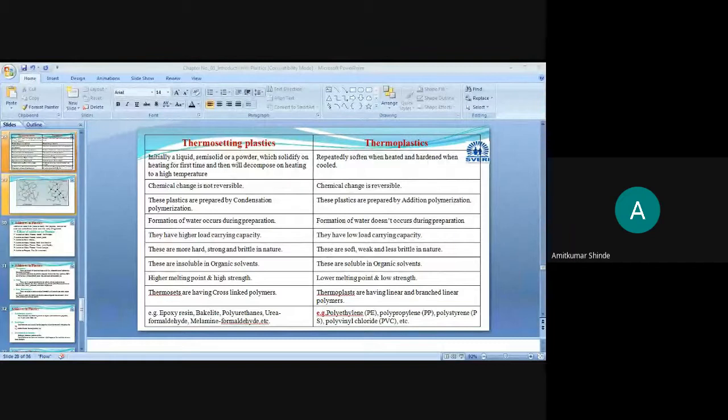Okay, I will put your next slide here. Please draw this diagram.